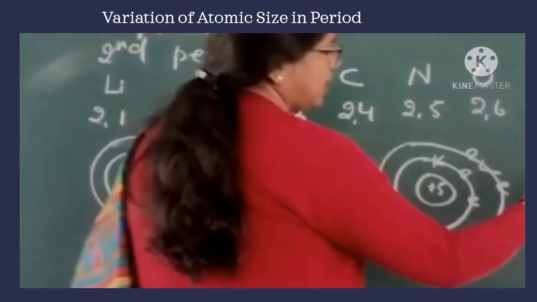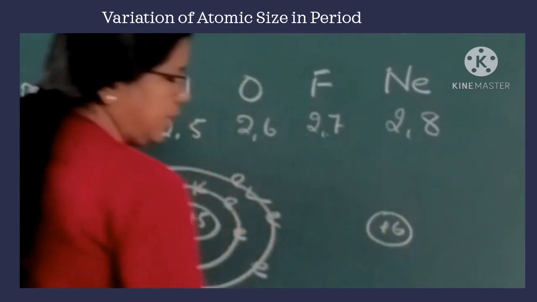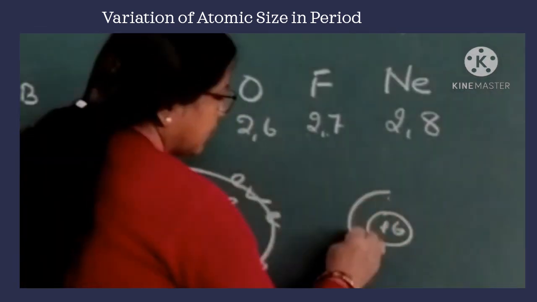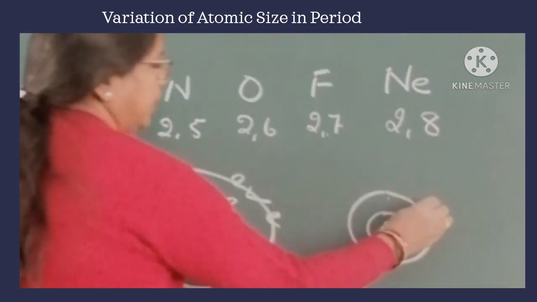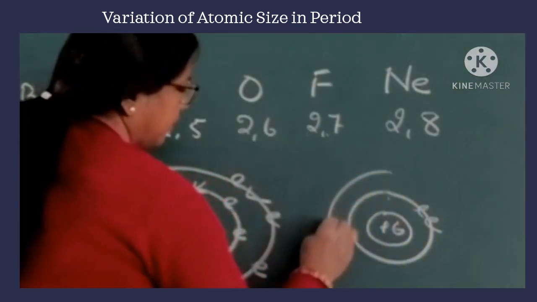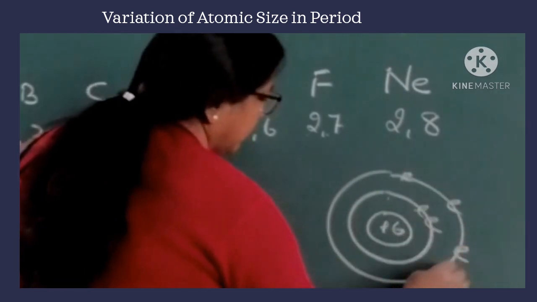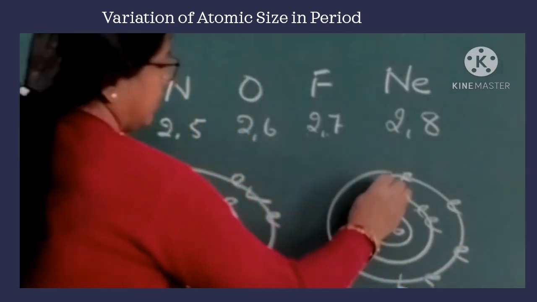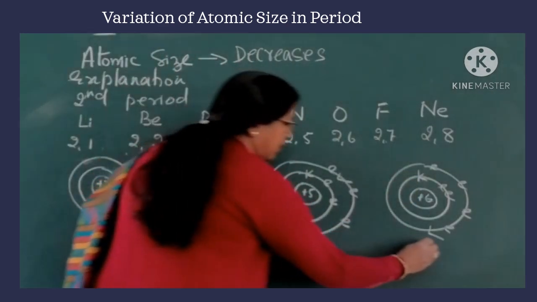Let us go for one more, carbon. 6 protons in the nucleus, 2 electrons in the K shell and 4 electrons in its L shell. Boron, carbon.